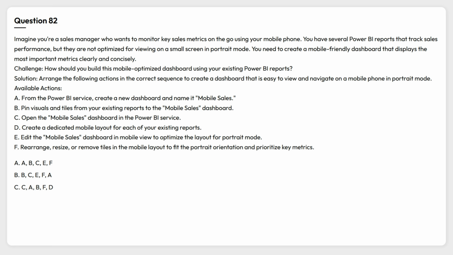D. Create a dedicated mobile layout for each of your existing reports. E. Edit the Mobile Sales dashboard in Mobile View to optimize the layout for portrait mode. F. Rearrange, resize, or remove tiles in the mobile layout to fit the portrait orientation and prioritize key metrics.